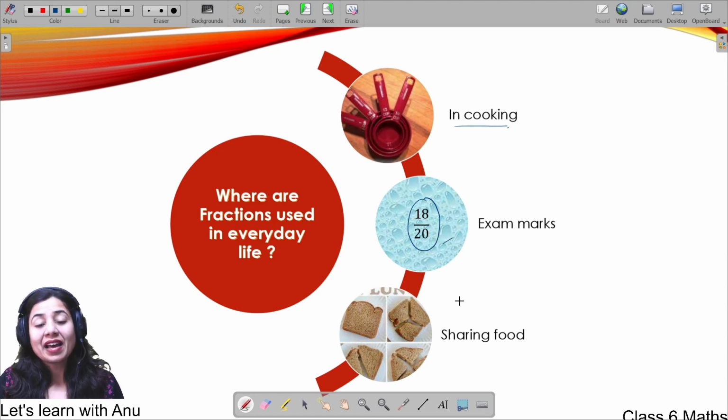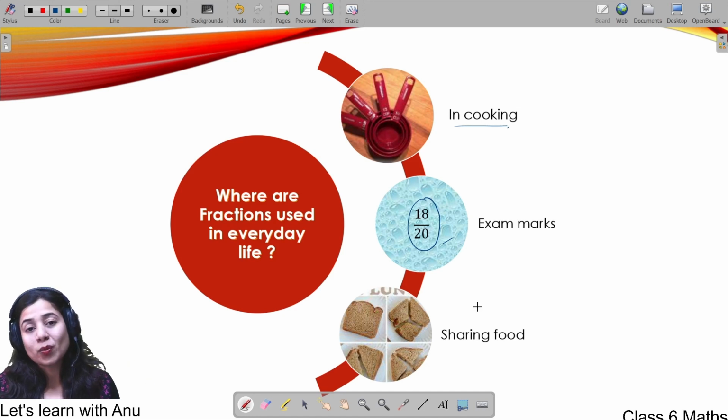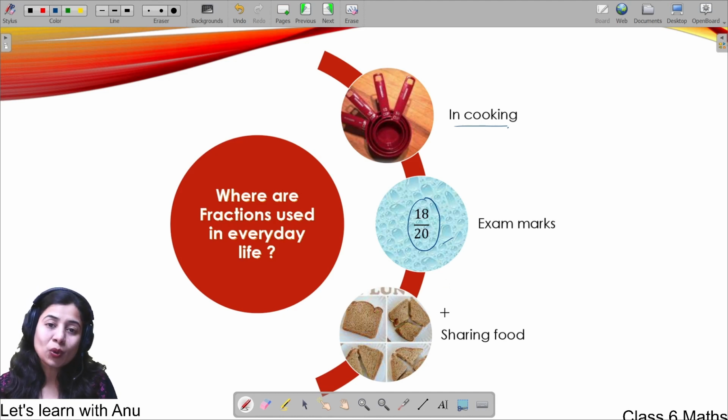Wonderful. And a very common situation: when your friend forgets her tiffin and you have to share with her, you are unknowingly using fractions. Like I share bread or chapati by dividing it into two or four equal parts, and then also I'm using fractions. Awesome. So fractions are everywhere around us.